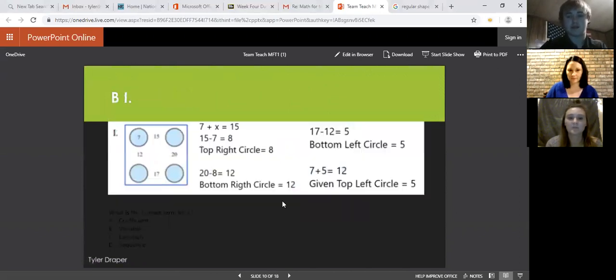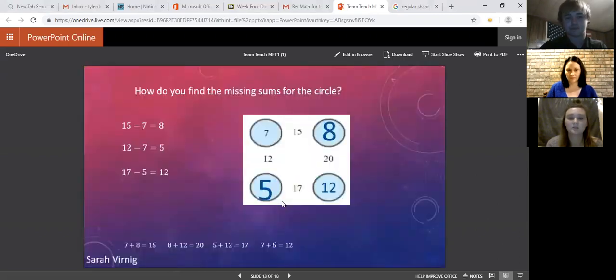Okay, and now Sarah's first question. Courtney, you can ask her this one. Yeah, I'll ask this one. Sarah, how do you find the missing sum for the circle? Well, you first start with the information that you are given. So we have 7 in the top left. To find the top right, you take 7 and subtract that from 15 to get 8.